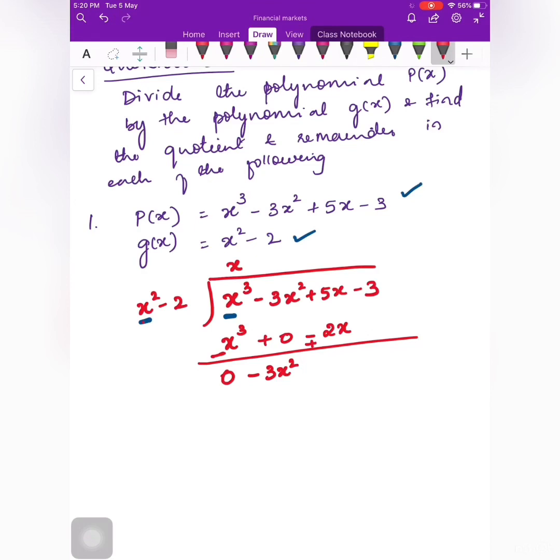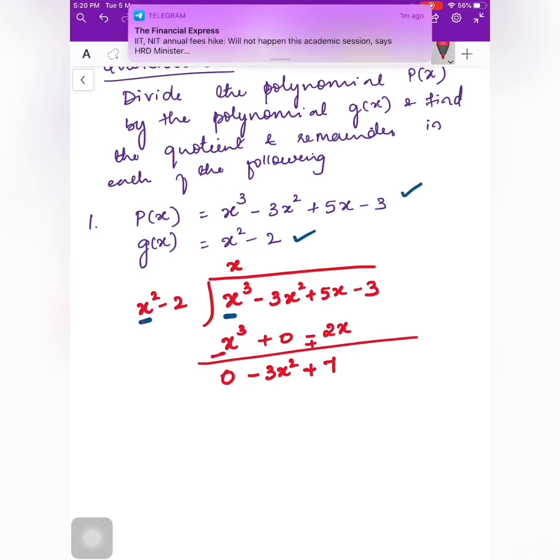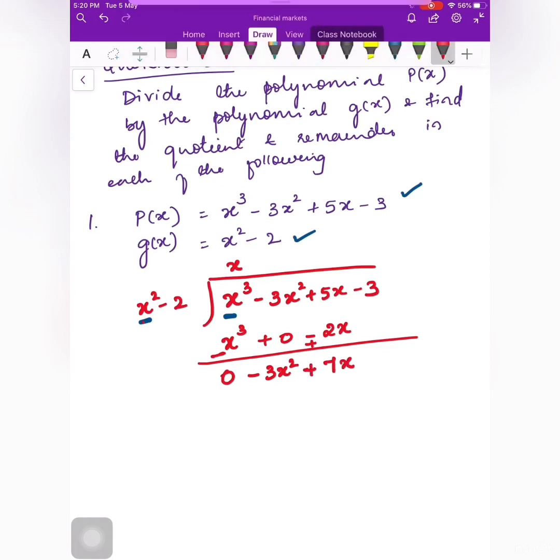Similarly, plus 5x, if you add plus 2x, you're going to get plus 7x. Then you bring this minus 3 down as it is. So this was the first step in the division of these two polynomials.